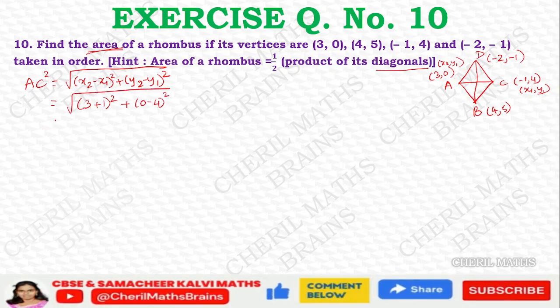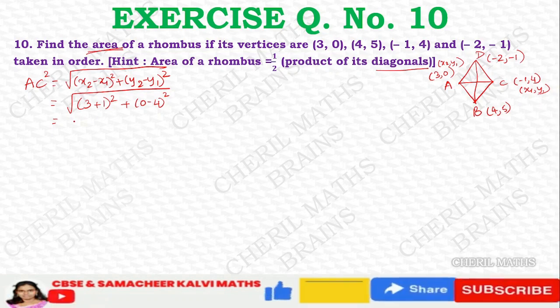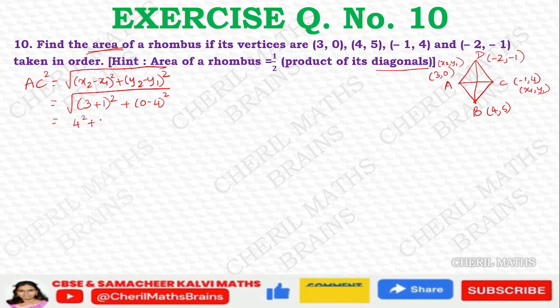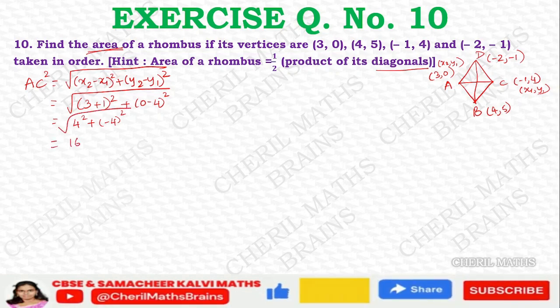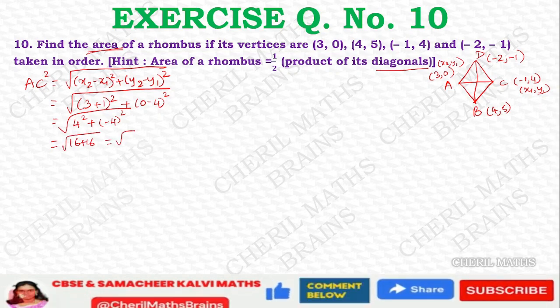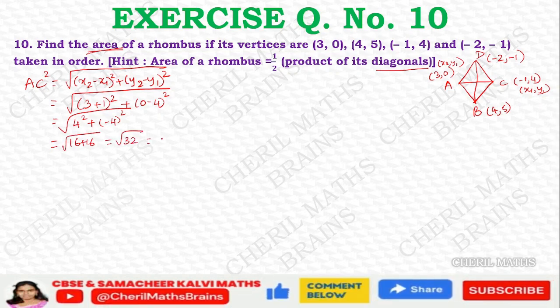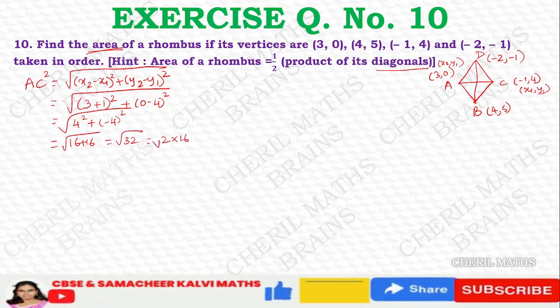So 3 plus 1 will be 4. So 4 square plus, again, minus 4 the whole square. So it will be 16 plus 16.